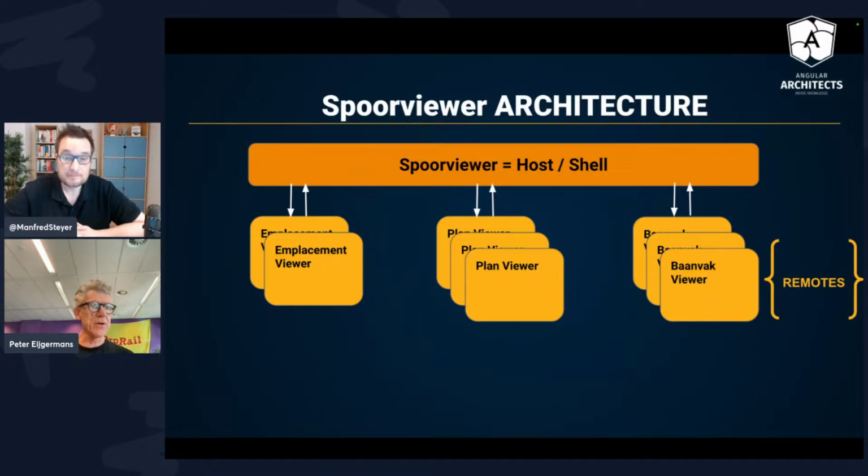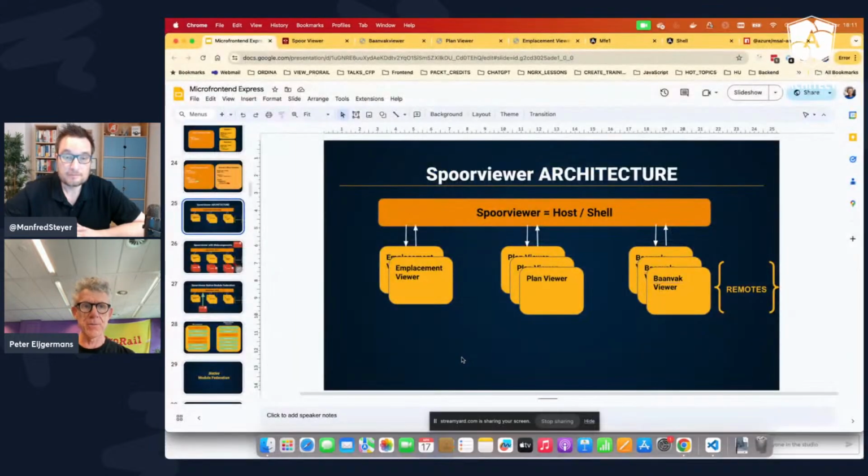The Plan Viewer is for showing the plan data, and the Baanvak shows the position of the trains on the track. You can see which train is in front of you or behind you. So you can also load them multiple times. This is a little bit in a nutshell the application.